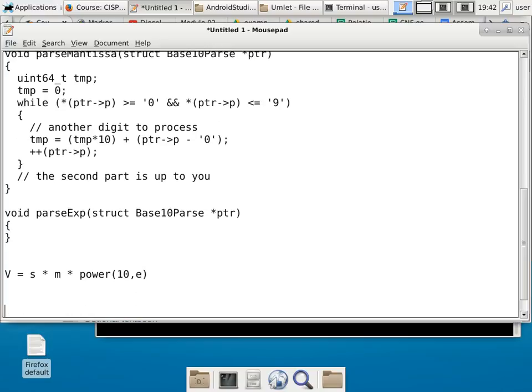So we are raising 10 to the power of some kind of e, which is the exponent in base 10. After you parse the number using the code that I just described, you will have the sign. That's the easy part. It's either a 0 or 1 to mean it's negative or non-negative. You have a mantissa. The mantissa is going to be an unsigned 64-bit number, and you would use e to account for the decimal point here.